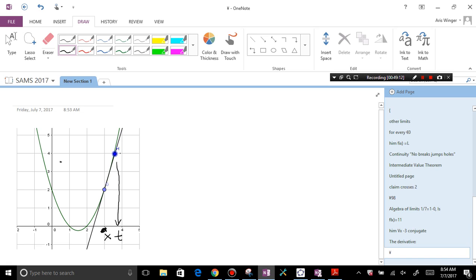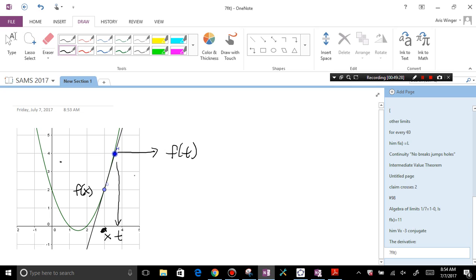So what is this value here? What is that y coordinate? In general, for any function, at t, it's f of t. Questions on that? This y coordinate is f of x. And I care about the slopes.